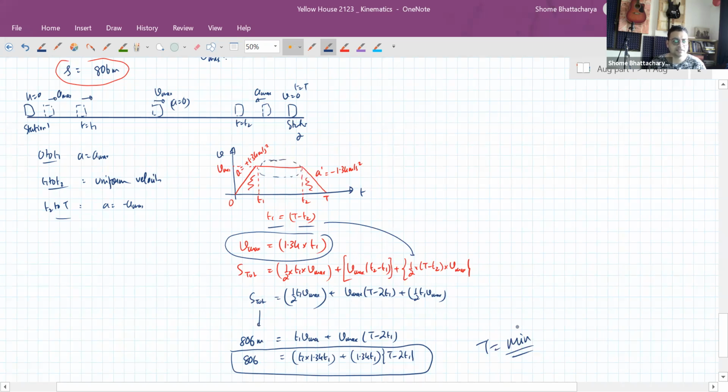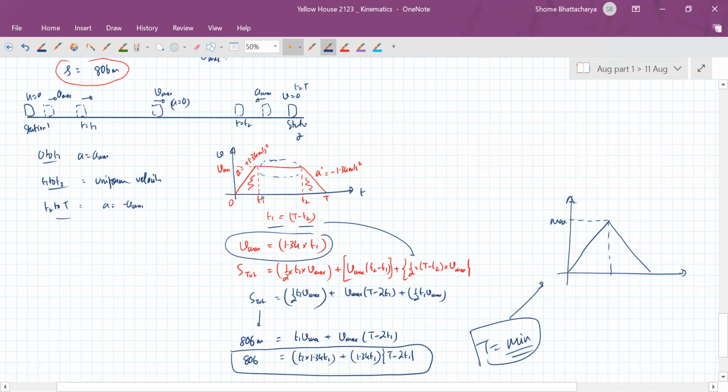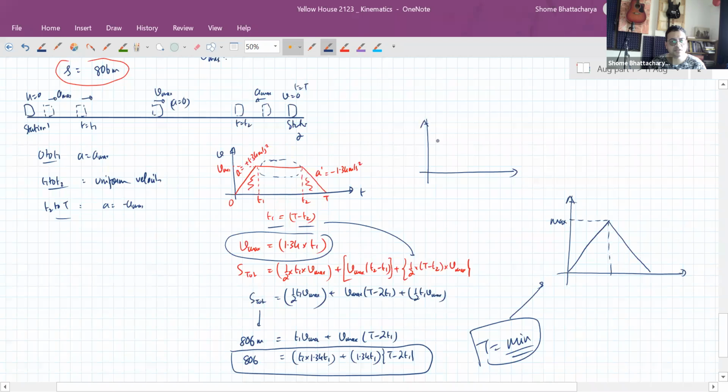It accelerates and decelerates. So for this case, for the total time to be minimum, the graph should simply become like this. It should just become an acceleration and a deceleration. That way, this peak will reach maximum. No? You understanding? It's like this, imagine different versions of this graph where the area is the same.